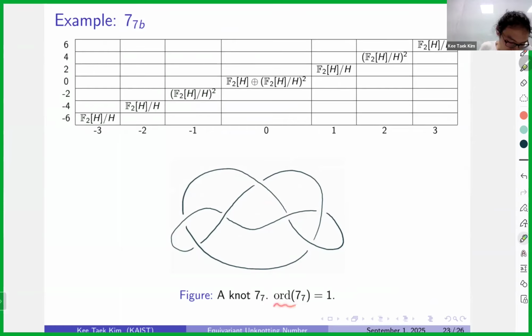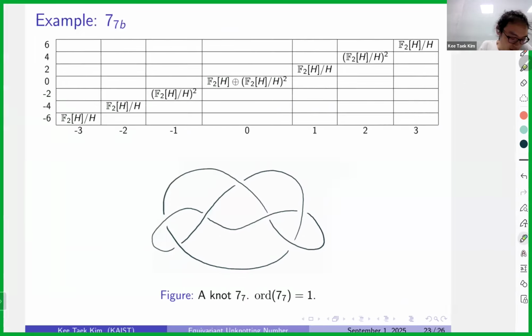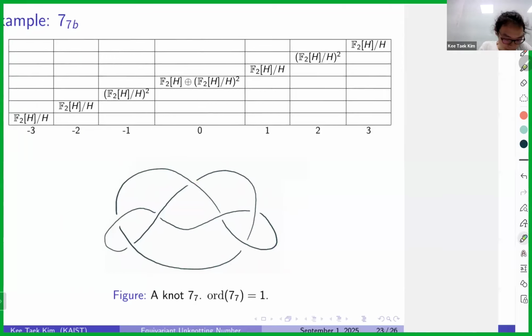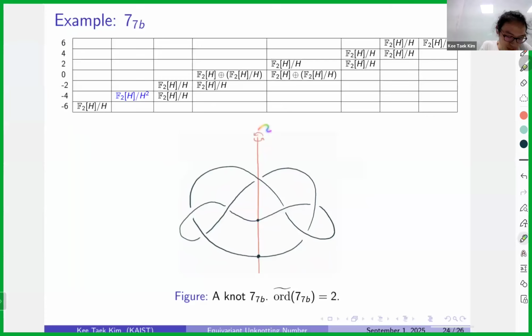So it has torsion order 1, and this knot looks strongly invertible. With this involution, the involutive Khovanov homology of this strongly invertible knot has a torsion of order 2 here. So its equivariant torsion order is equal to 2.